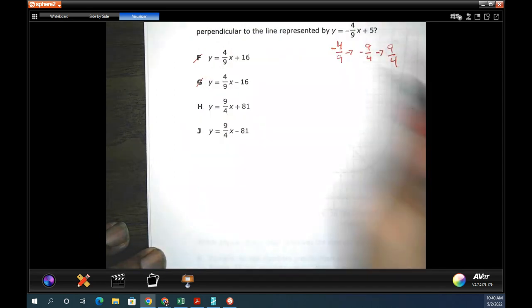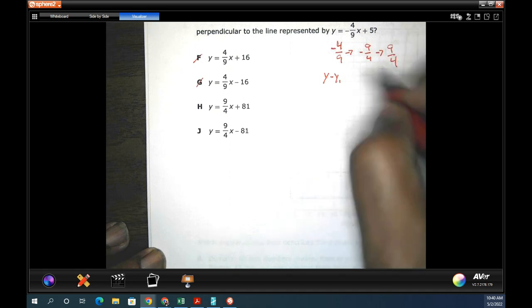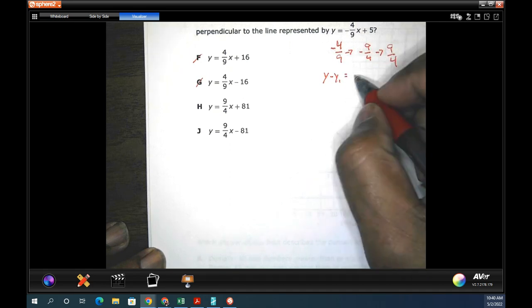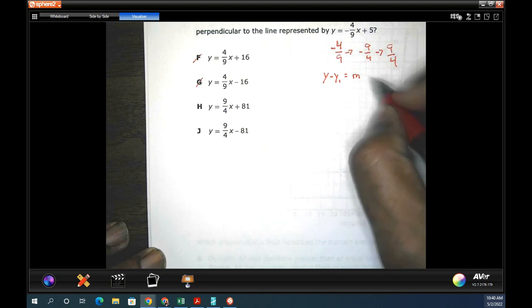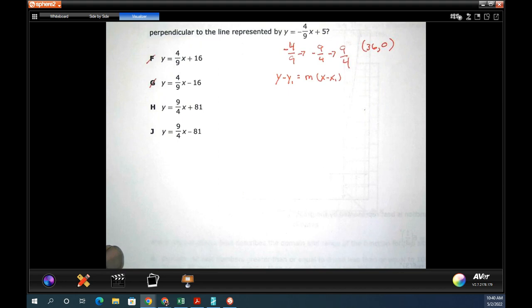Now here's the deal. This is on your formula chart that you will get. Y minus y sub 1 is equal to m times x minus x sub 1. This point is 36, 0. It just says it's on the x-axis.